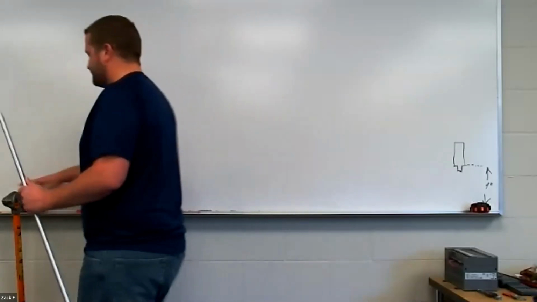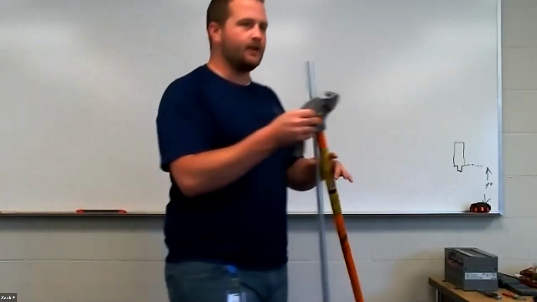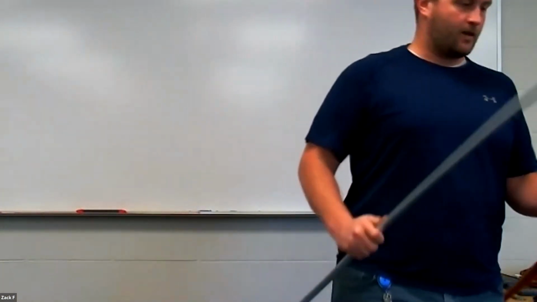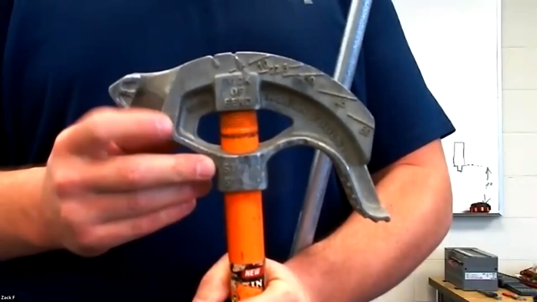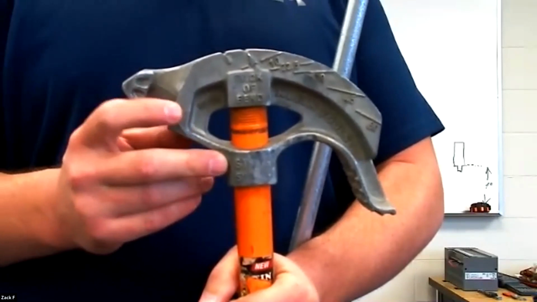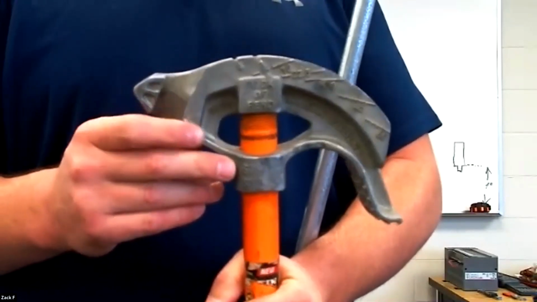All right, so I can't tell who's asking that question. Nick. Okay, so for a stub 90, what mark on the bender do I use? The arrow, right? The arrow. So that's right here. The arrow means the start of a bend. That doesn't matter if it's 90, 45, whatever.